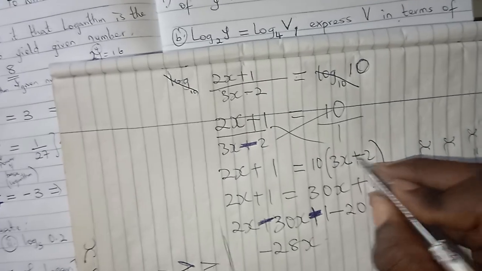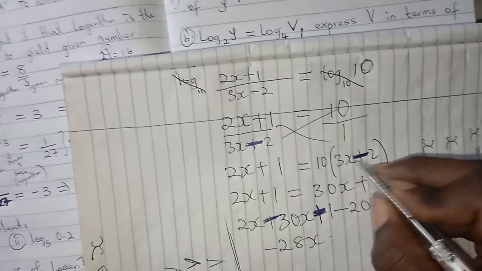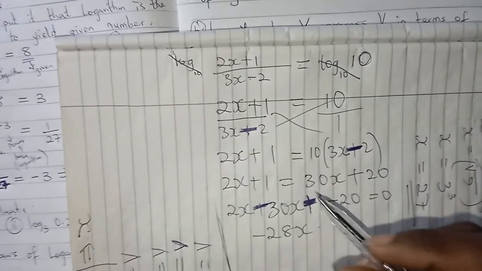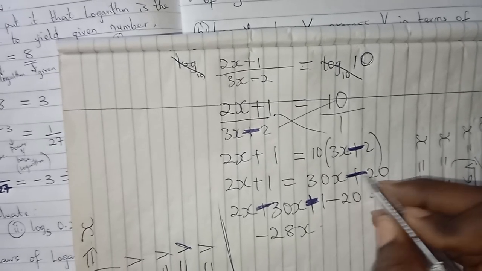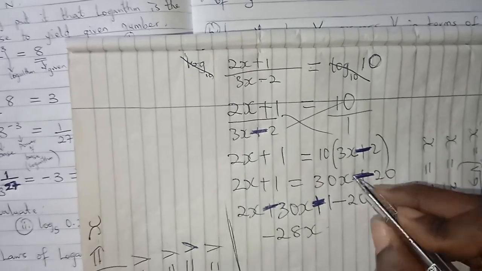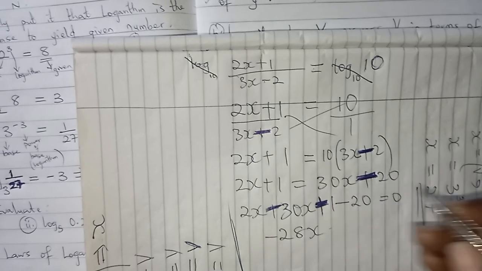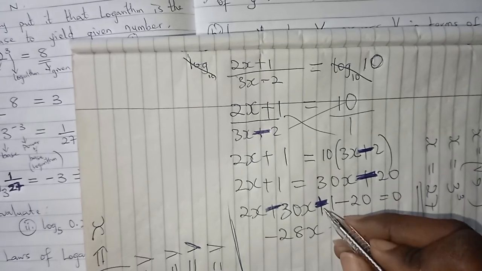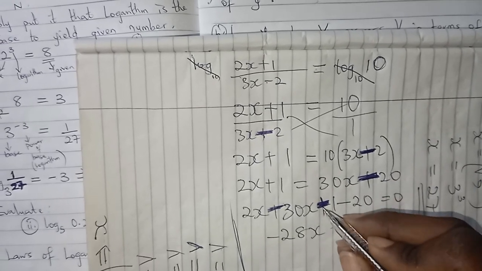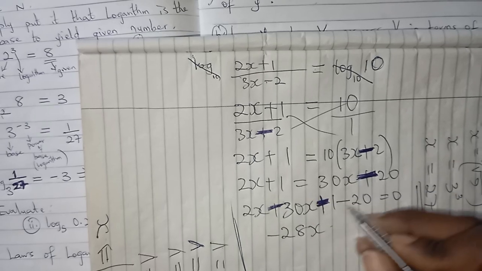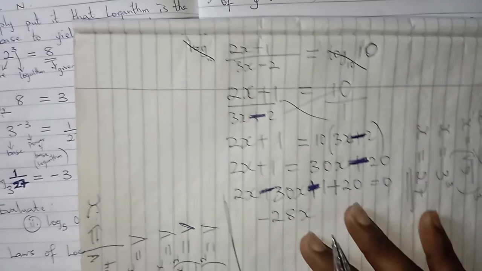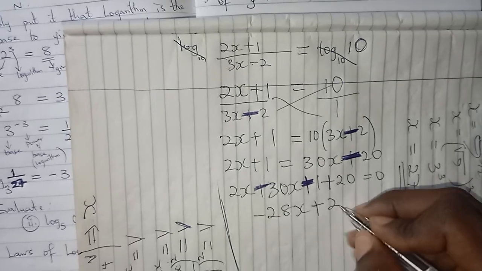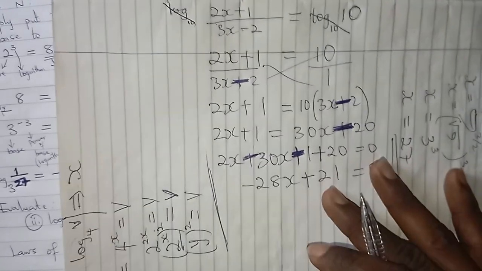So this is minus, this is minus. This is minus. So notice that when it times, it will become minus 20. It's just the minus that we are trying to impute. So that means that this is going to be plus 1 plus 20, which is going to give me plus 21 equals to 0.